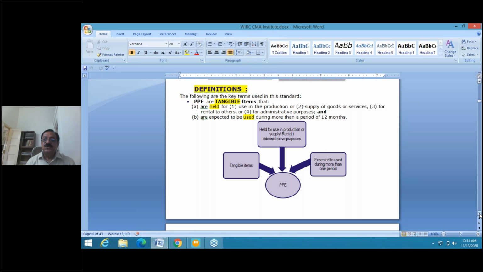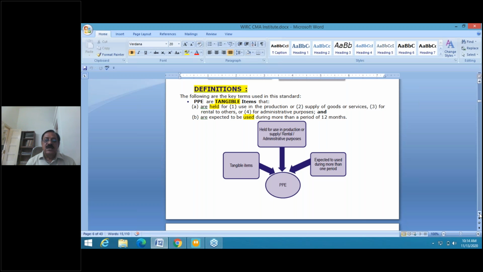So if they are supposed to be used over a period of more than 12 months, only then they are considered. If they are to be used only for 6-9 months in the year, they will obviously be expensed within the P&L account. Okay friends, so the two conditions, held and used, only then these property plant equipment items come under the purview of this.